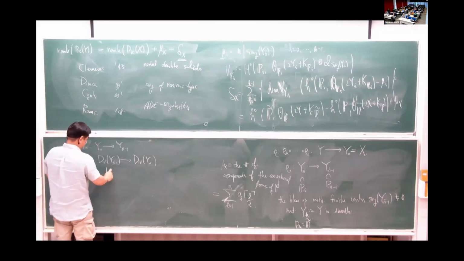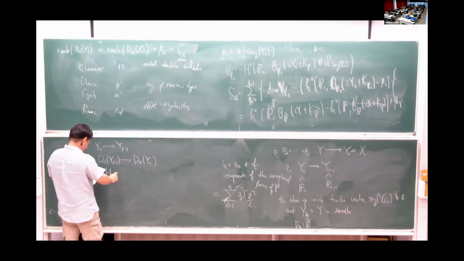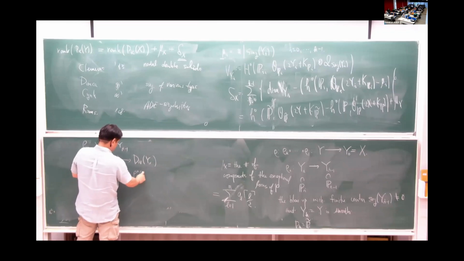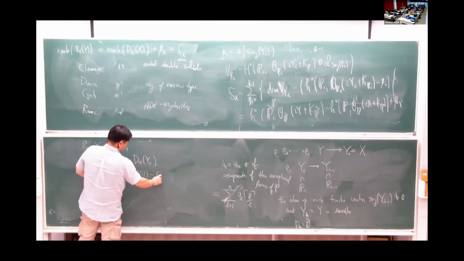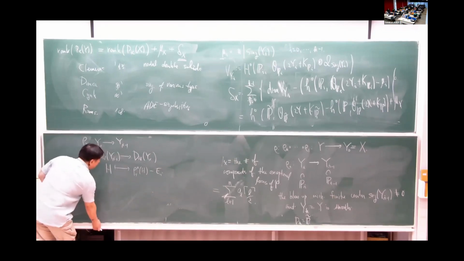Whenever you have a divisor, you take the pullback and you subtract the exceptional divisor, reduced. Okay, right?